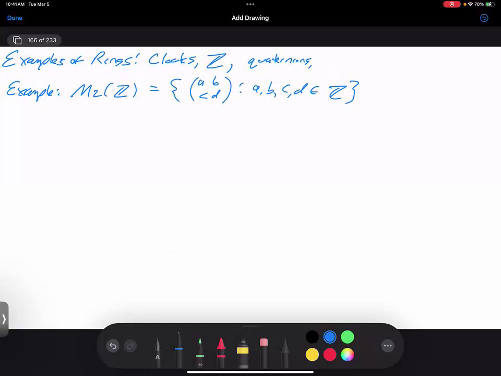Can somebody give me an example of an ideal? The zero matrix, right? Can somebody give me another example? The whole ring. And what do you think the question I'm going to ask is? Yeah, is there anything else?